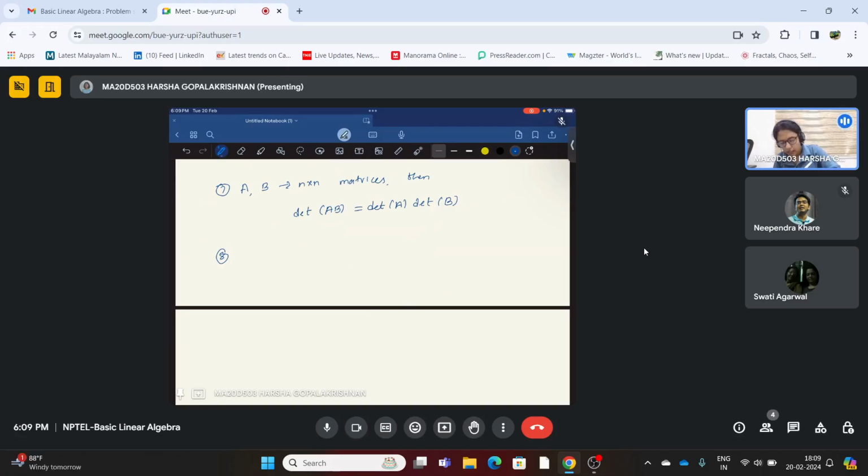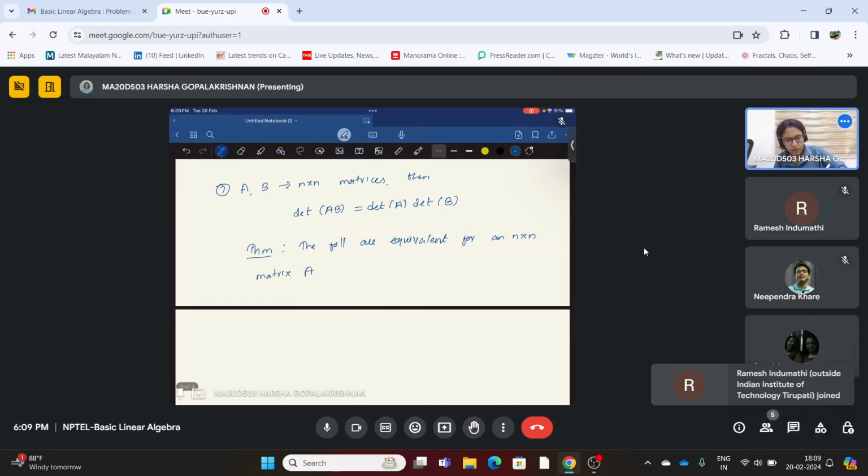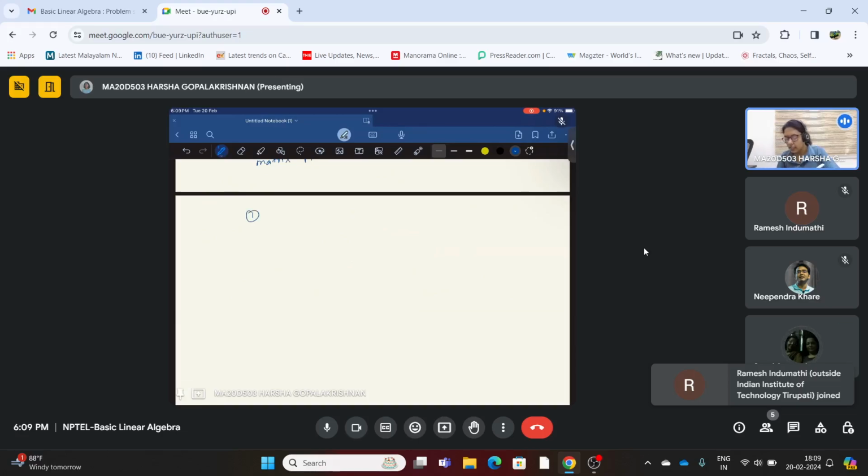Okay, now one theorem we can state. So the following are equivalent for an n by n matrix A. So the first condition is A is invertible. A is invertible means by definition it has some matrix B such that AB equal to BA equal to identity. So that is the definition of invertibility.